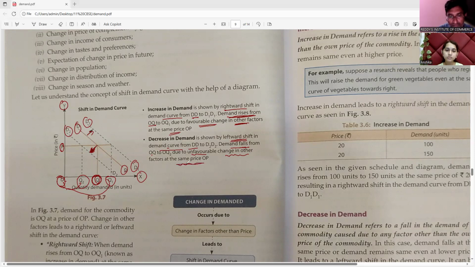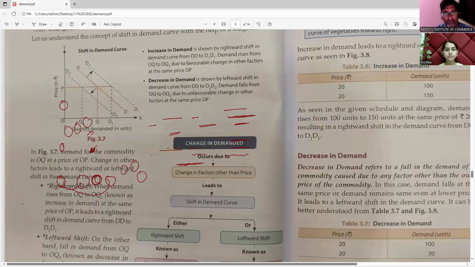So that is called decrease in demand. Got it? So this is called shift in demand curve.